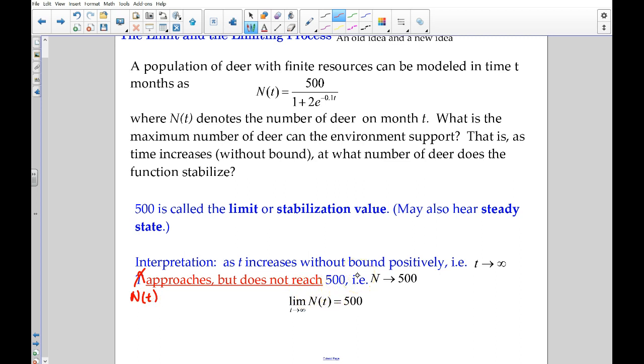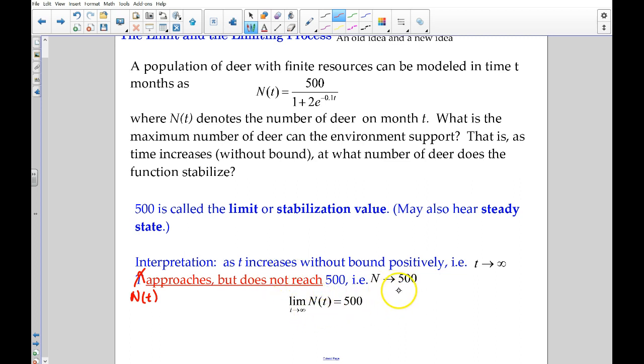Remember, in our first exploration method, when we had the table of values, Excel said it was 500. It isn't actually 500. It's really, really close to 500. Excel just rounded it due to the decimal places that were available. So it approaches 500, but it will actually never reach that value.